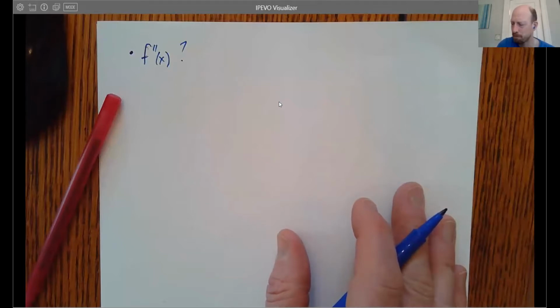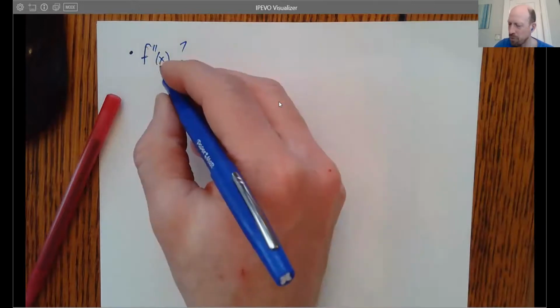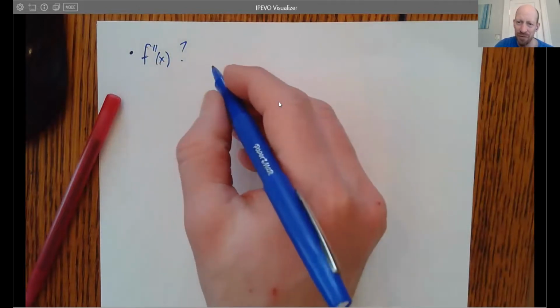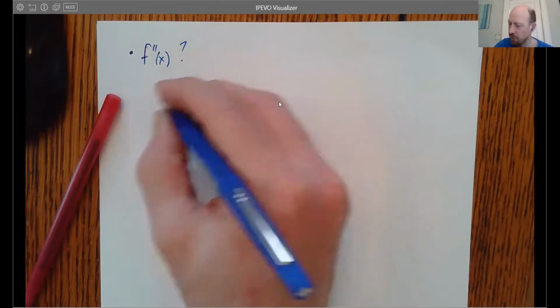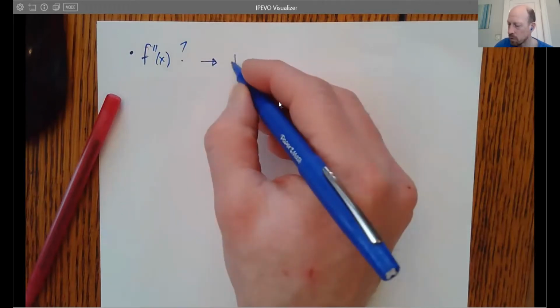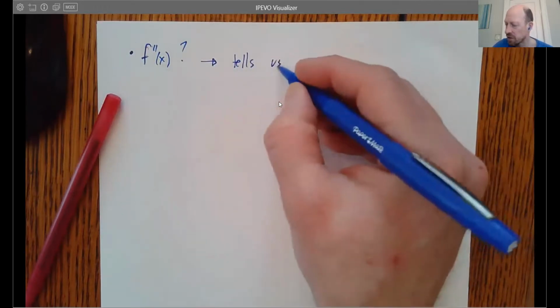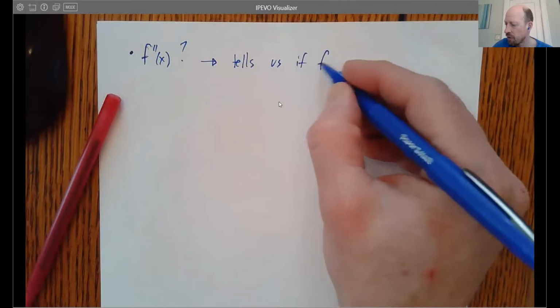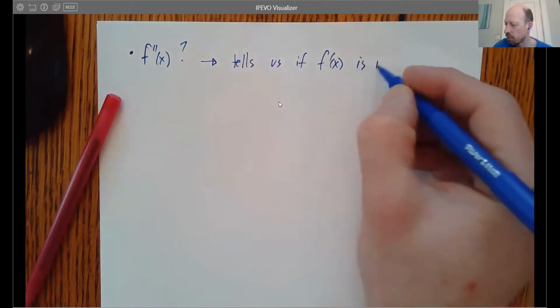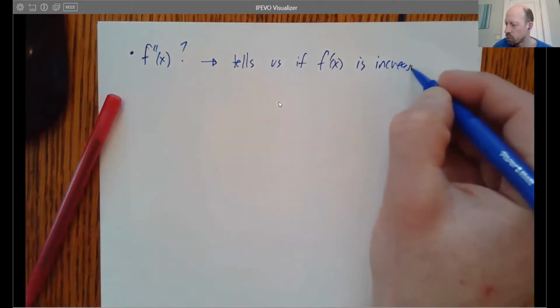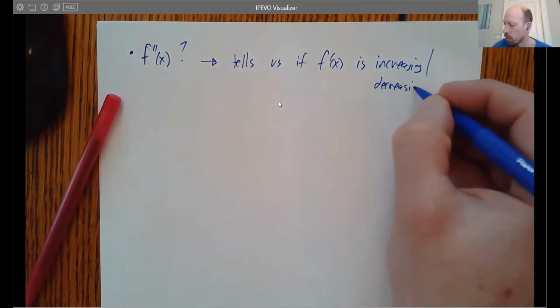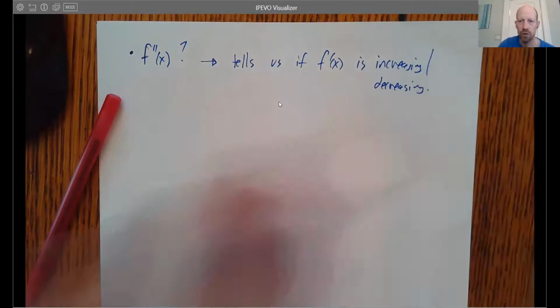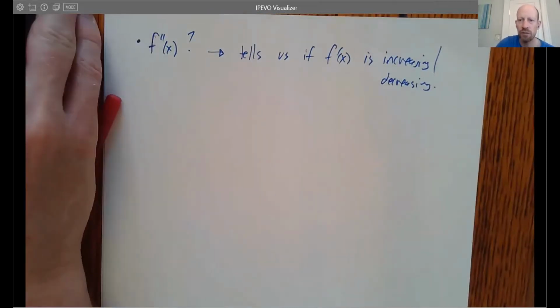Well, remember that the second derivative is just the derivative of the first derivative. So f double prime tells us if f prime of x is increasing or decreasing, right?